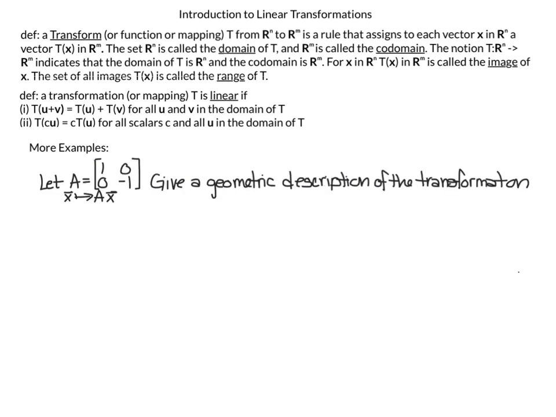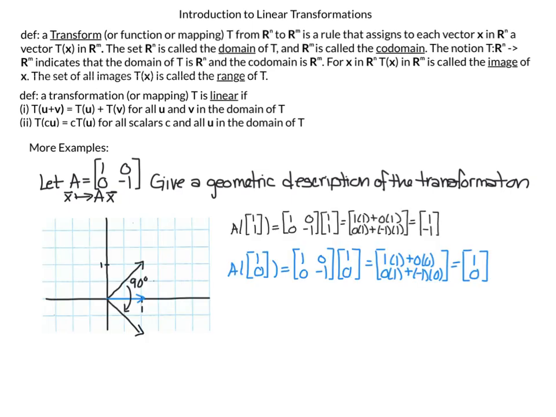Our next example, let A equal [1, 0; 0, negative 1]. Give a geometric description of the transformation. You know, I looked at this, and this looks like some sort of rotation. So I tried (1, 1), which I have graphed out here, and what I get is (1, negative 1).